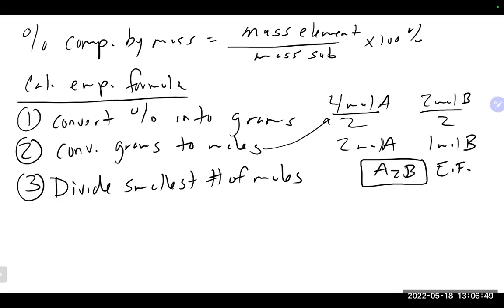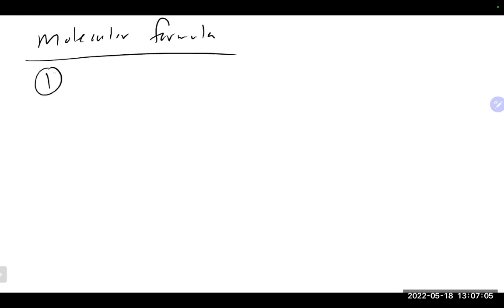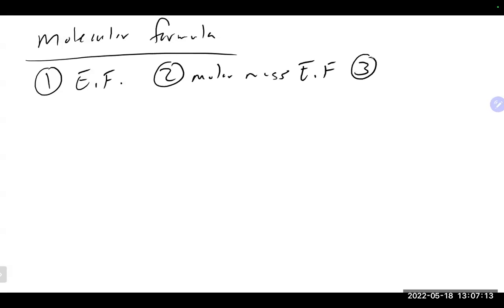Once we have the empirical formula, we can use it to figure out the molecular formula. You need your empirical formula, the molar mass of your empirical formula, and the molar mass of the compound.